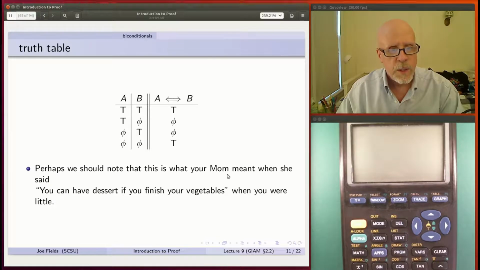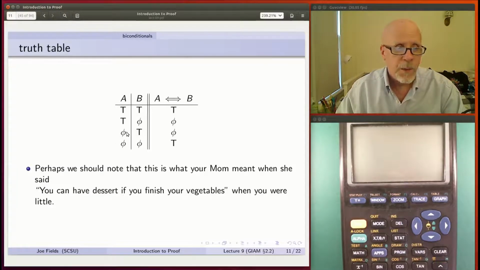And the reason I like to bring mom up in this scenario is if you don't eat the vegetables, she said you've got to finish the vegetables or I won't give you dessert, but you don't. And she can either give you dessert or not, true or false in the B column. You can't call your mother a liar.